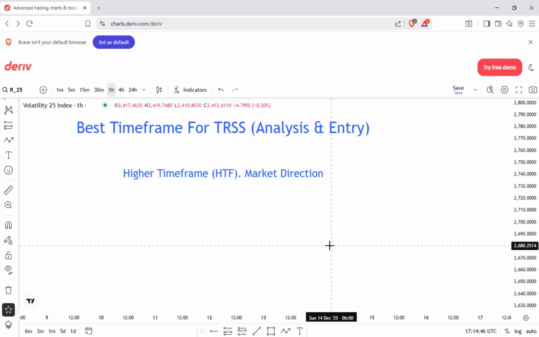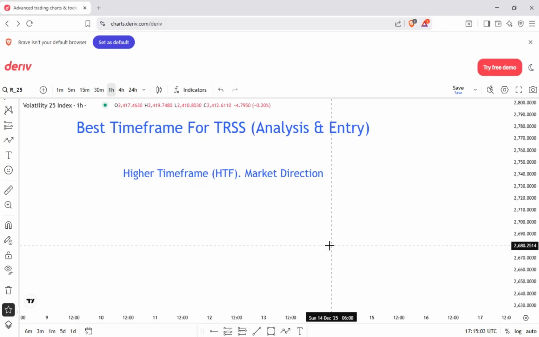What is the purpose? To identify true trend reversals and structure shifts. So if price is making a structure shift, you use the higher time frame to know. If price is making a true trend reversal, use your higher time frame to know.